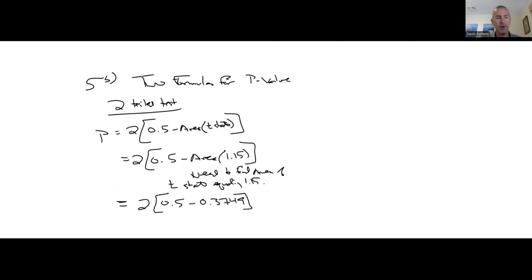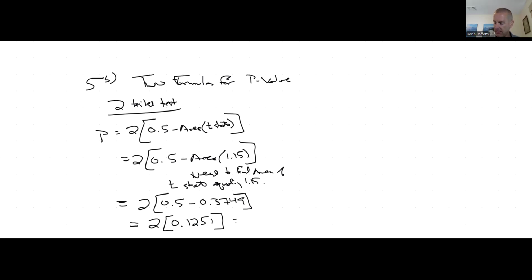So now, very simply, I just start with the brackets. I'm going to do 0.5 minus 0.3749, which gives me 2 times 0.1251.